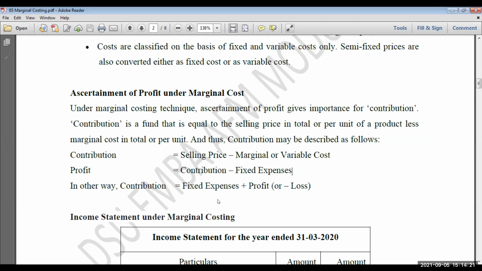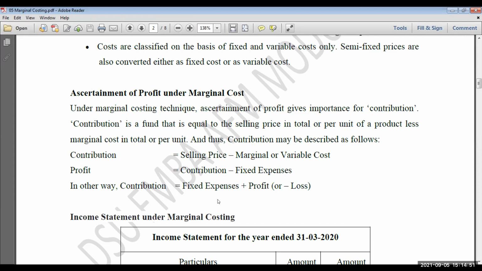What is break-even point? There is no loss and no gain. No profit, no loss. That stage, that level of operation is called the break-even point. When there is no loss and no gain, profit or loss should be equal to 0.